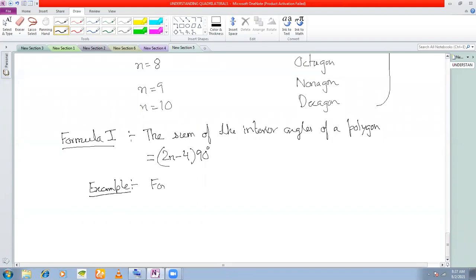For n is equal to 3, the polygon is a triangle, right?